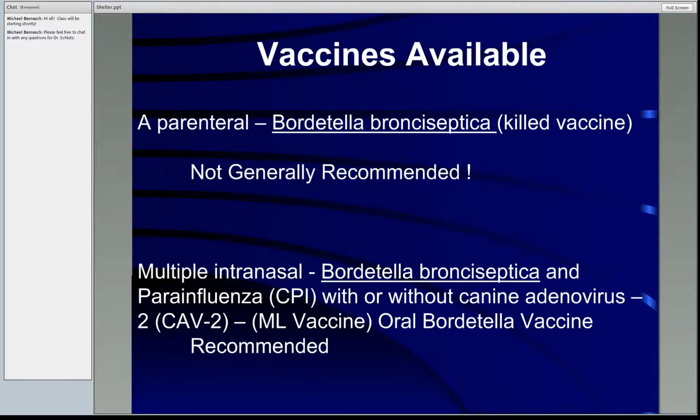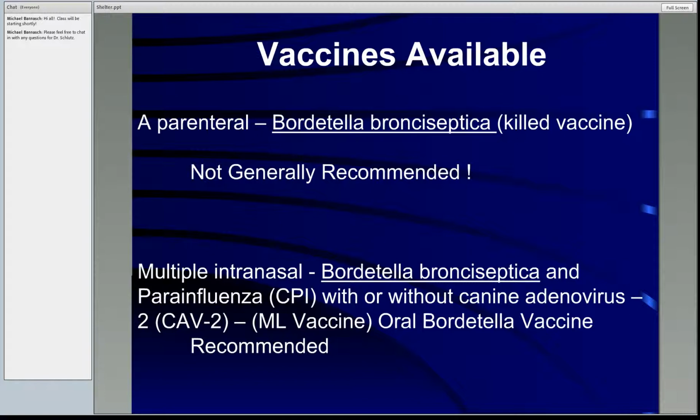But if you can't give the oral or the intranasal, then give the killed subcutaneously or intramuscularly. That's a killed product, and it's not going to provide the same protection, but it'll provide some protection against the Bordetella.